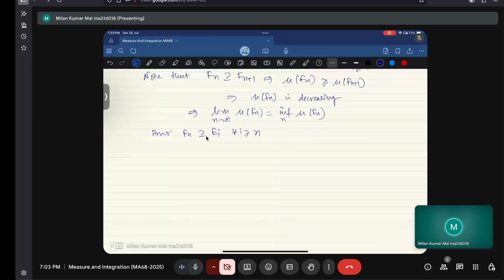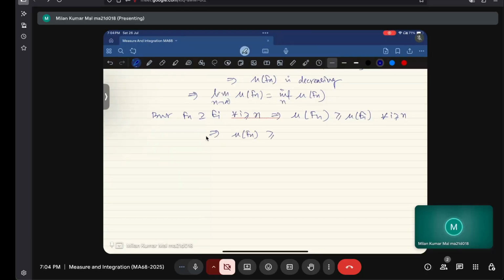For any fixed n, with i greater than or equal to n, that implies mu of Fn is greater than or equal to mu of Ei for all i greater than or equal to n. That is because this is a subset. This is very natural. That implies mu of Fn is greater than or equal to the supremum over all i greater than or equal to n of mu of Ei.